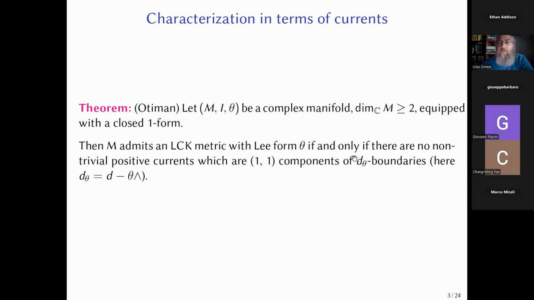Alexandra proved this in her master thesis, and up to now I haven't seen this characterization used, but I think it's important to have it and to mention it. LCK currents in LCK geometry are important and will come into discussion later on.